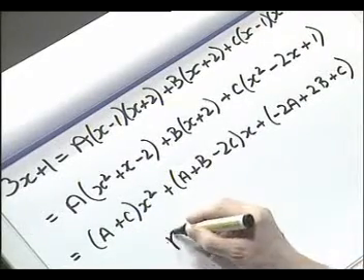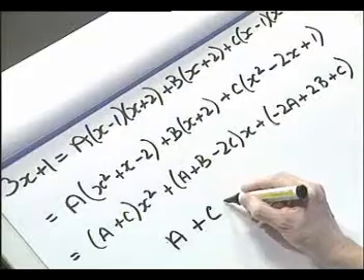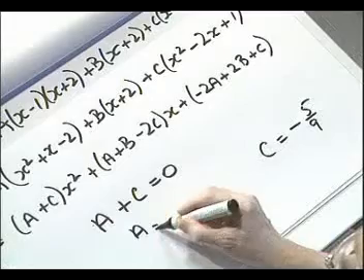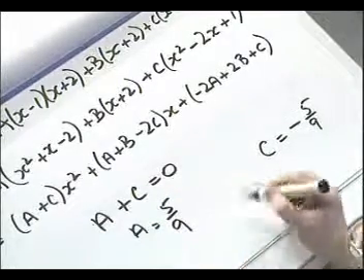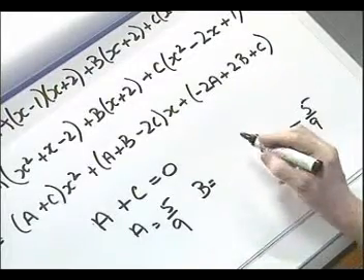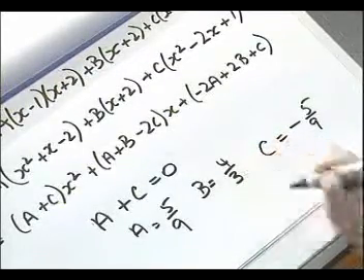So we can say that a plus c equals 0. We already know that c is minus 5 over 9. So in order for a plus c to be 0, a must be plus 5 over 9. And we already worked out b as being equal to 4 over 3.